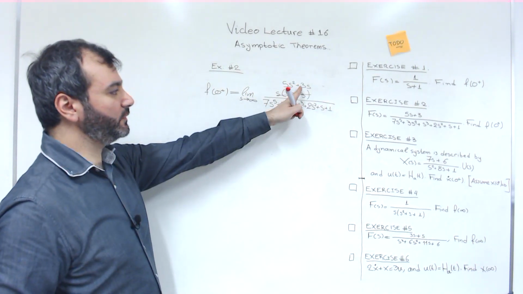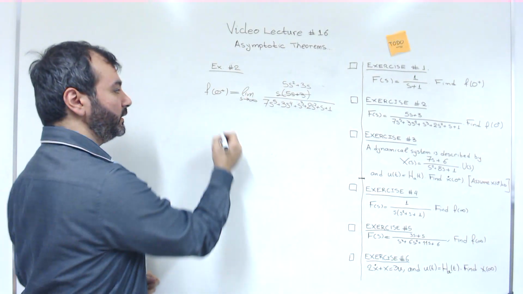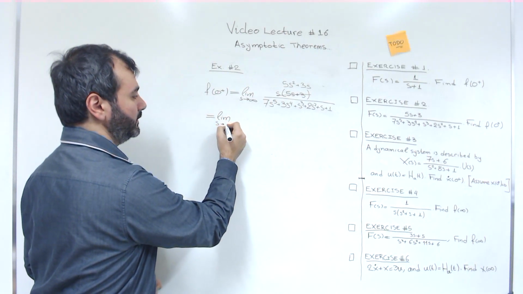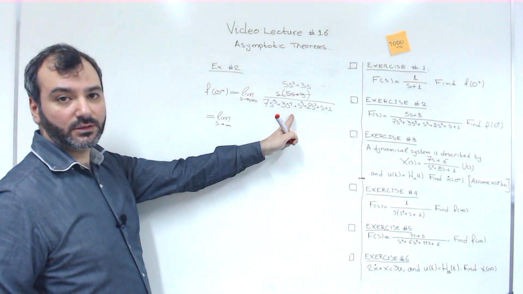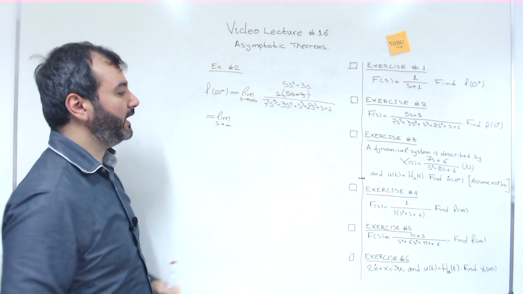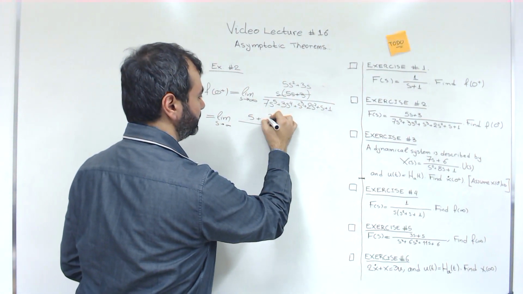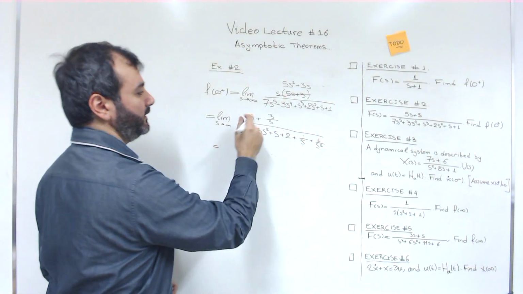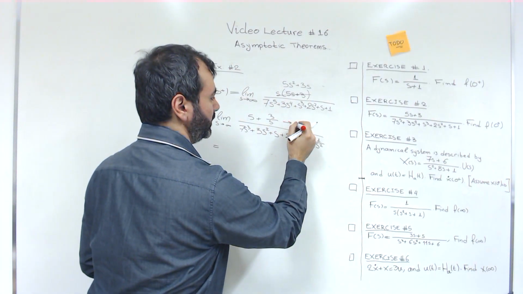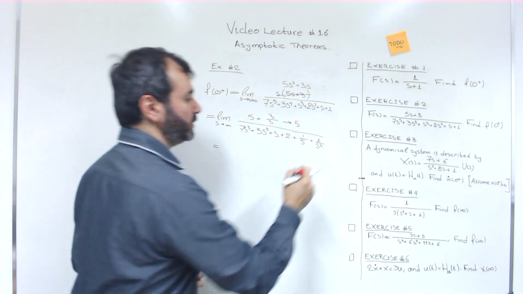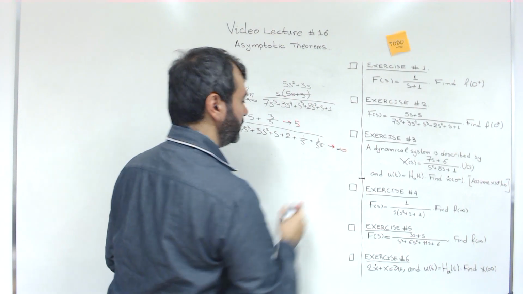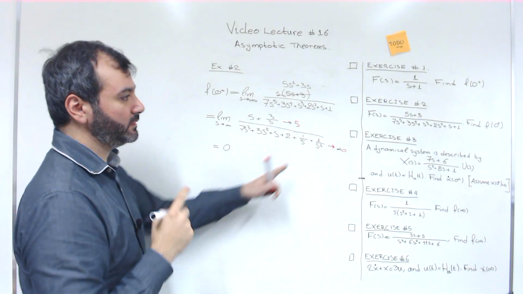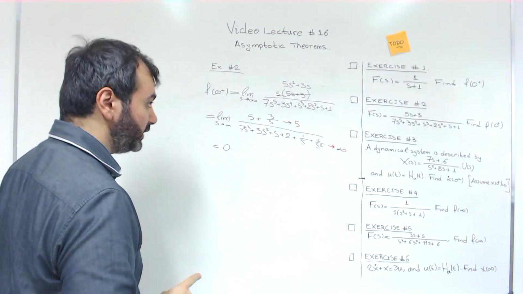It's clear this whole thing goes to infinity. We cannot yet compute the limit, but if we divide both parts of the fraction by s squared, we will see that the numerator goes to 5, the denominator goes to infinity, 5 over infinity goes to 0. So this solves the second exercise.